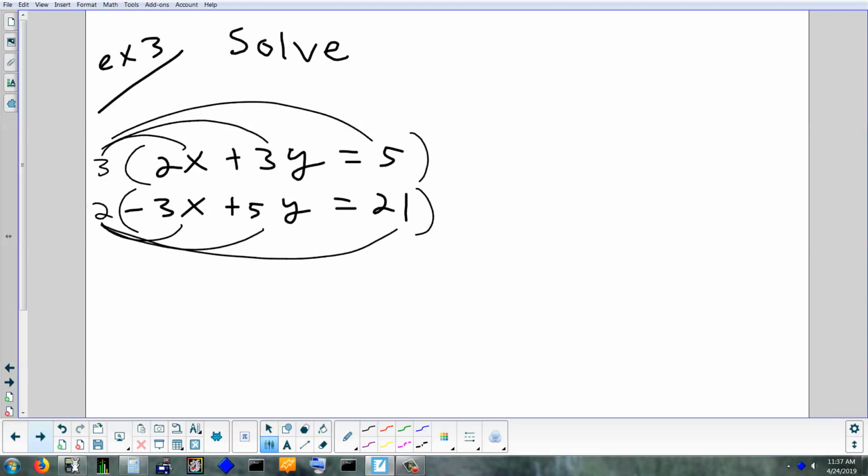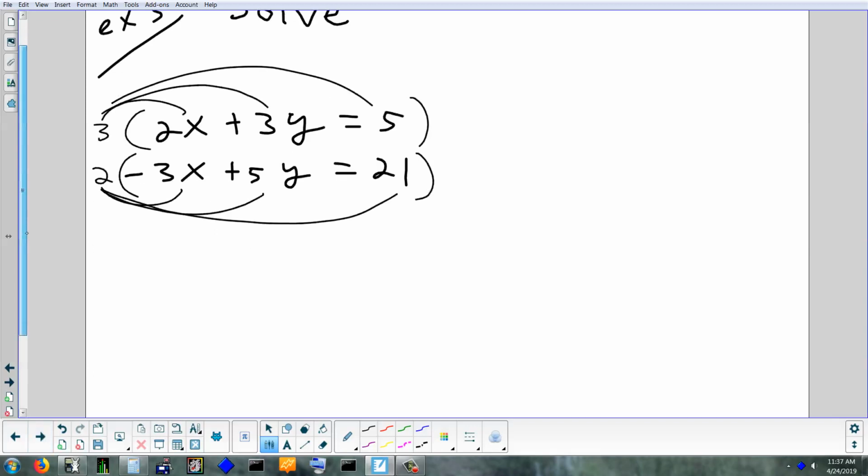what would that give me when I do that out? The 6x plus 9y is equal to 15. And how about the bottom equation? -6x plus 10y equals 42.